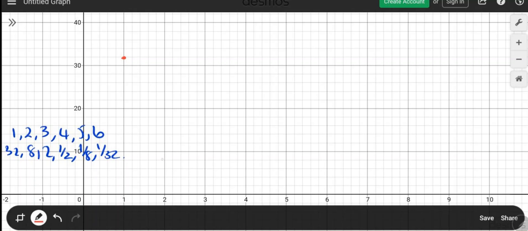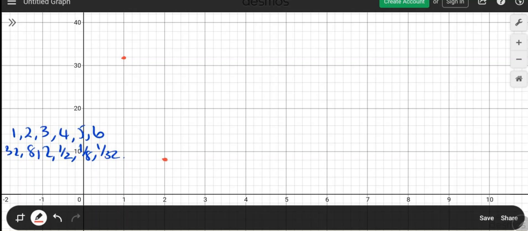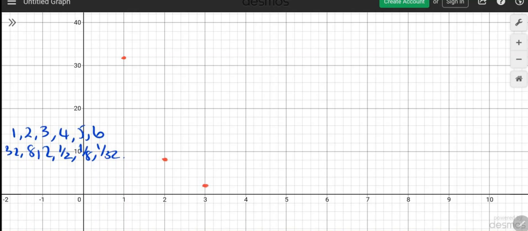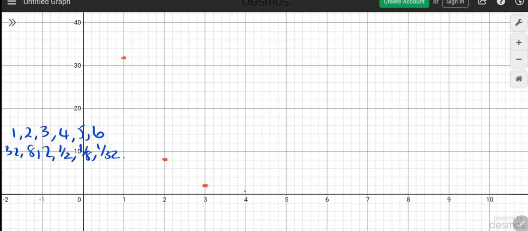So 2, 4, 6, 8. And then 3. So it's not going to be very accurate, but I'll give an idea. So the third term is 2. So that's here. And then the fourth term is a half. So the fourth term is going to be about there.